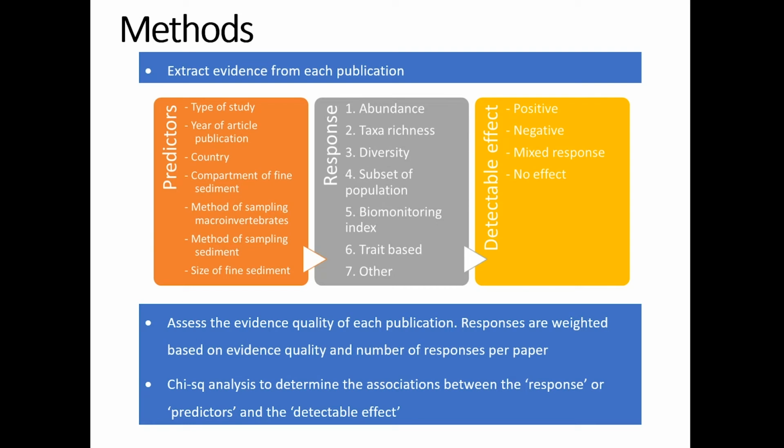Biomonitoring indices, so sediment-specific indices or indices for more general ecological health, and then trait-based indices, which I'll talk a bit more about later, but that essentially means quantifying a macroinvertebrate by the functional roles that it carries out and provides, as opposed to just its Latin name and its taxonomic name.